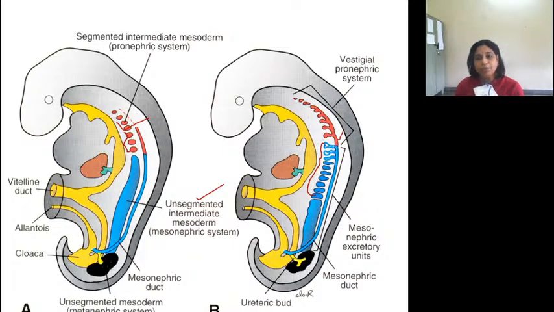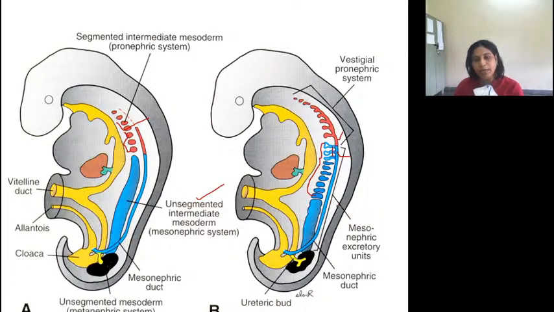This mesonephros consists of mesonephric tubules, and these mesonephric tubules will be draining into the mesonephric duct. All these mesonephric tubules will join and form a duct. This duct is also called the mesonephric duct or the Wolffian duct. So the Wolffian duct and the mesonephric duct are the same.